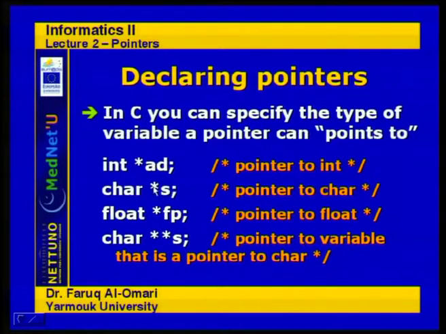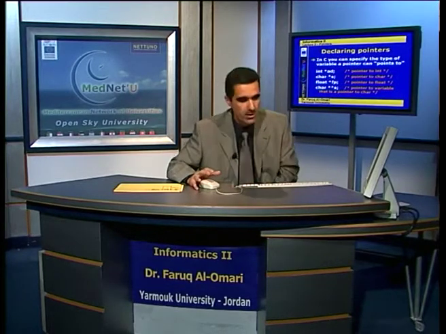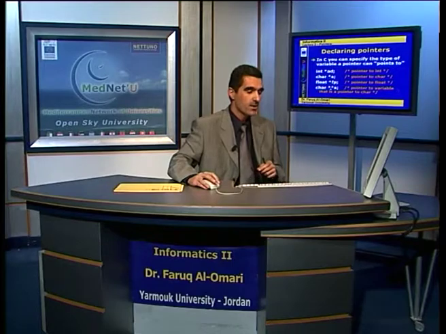Char asterisk s, again, is a 4-byte address or pointer that points to a 1-byte location, which is going to be called s. Float asterisk fp: fp is a pointer to a floating point number. So this is a 4-byte address that points to 4 consecutive bytes, and these 4 consecutive bytes are going to contain later on, once we make an assignment, any floating point or real number. Same thing for s.